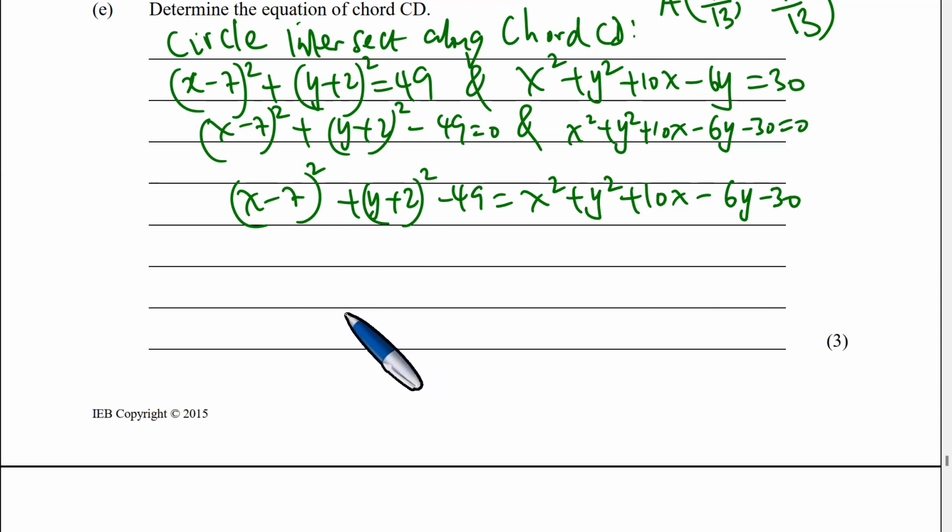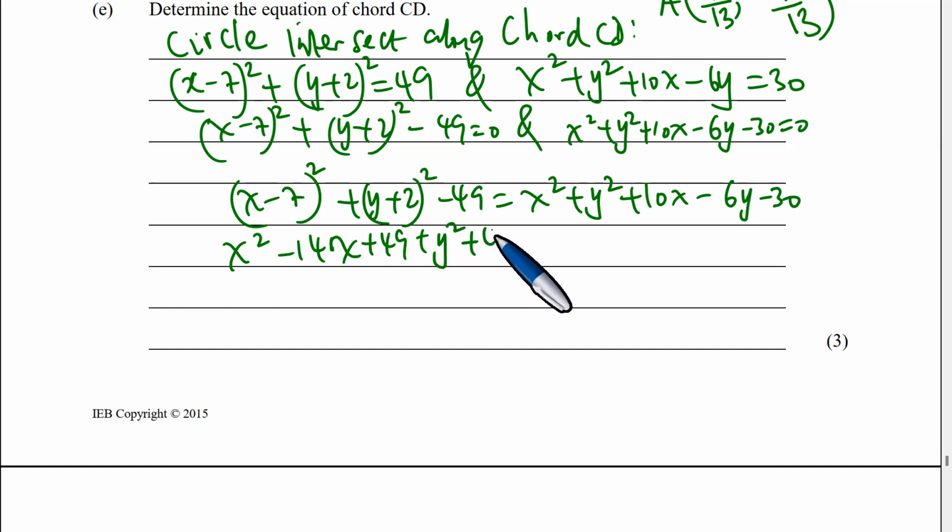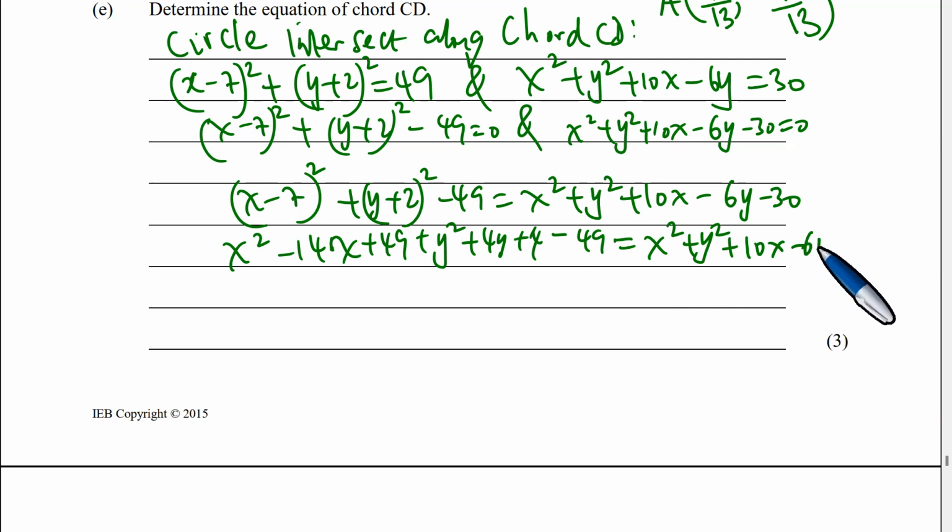Simplifying everything, if you square this one here, it is x squared, x times minus 7 times 2 is minus 14x plus 49, plus y squared plus 4y plus 4 minus 49 is equal to x squared plus y squared plus 10x minus 6y minus 30.